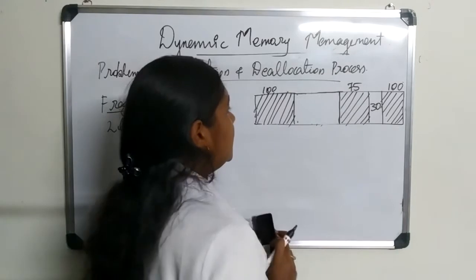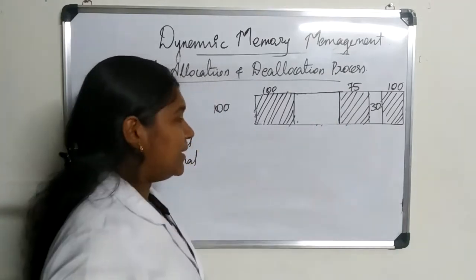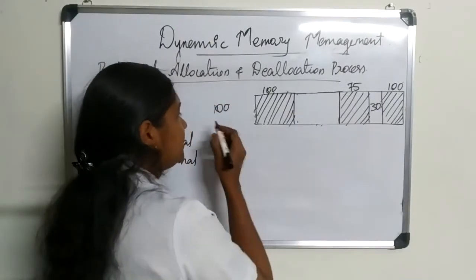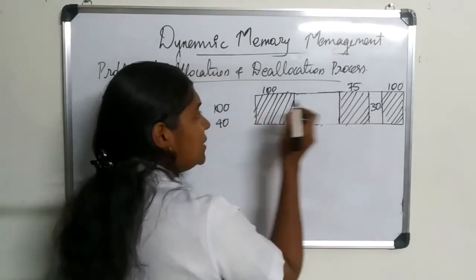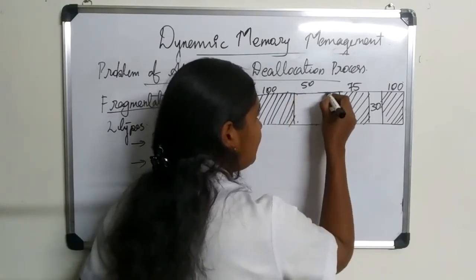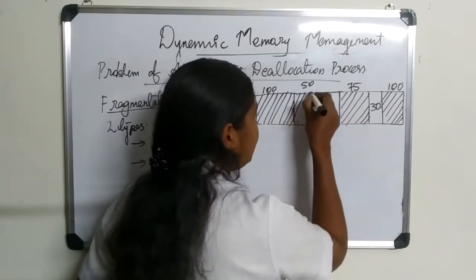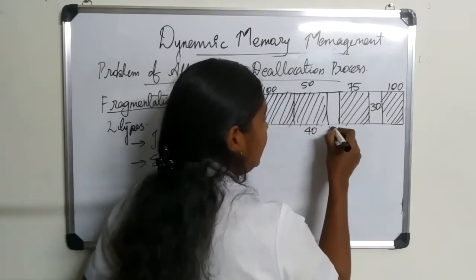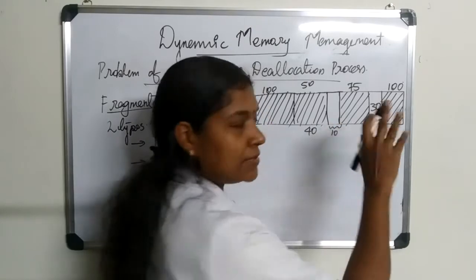Right now, some 40 bytes of memory is required. The second request comes as a 40 byte request. Out of this 50 byte block, 40 bytes would be allocated, and the remaining 10 is kept as residue.